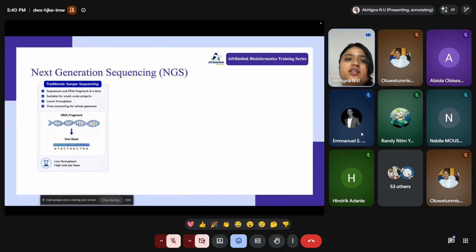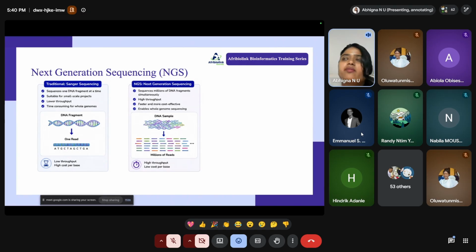But if you have isolated a microbiome and want to sequence it using Sanger sequencing, it is very difficult, so we go for next generation sequencing, where the sequencer runs through the sample multiple times and you obtain millions of reads per sample.